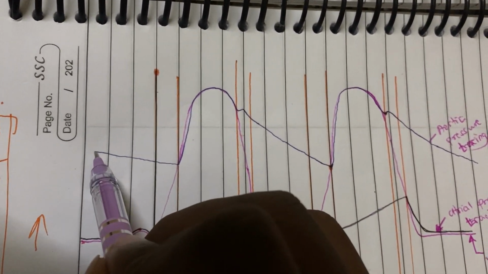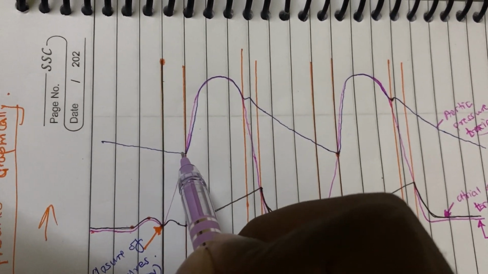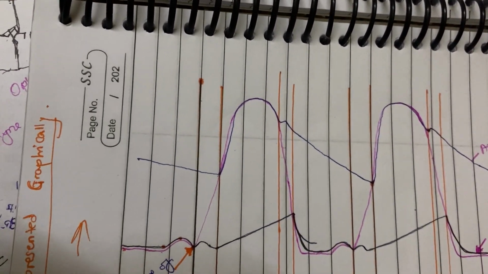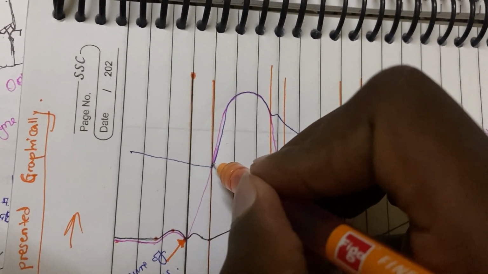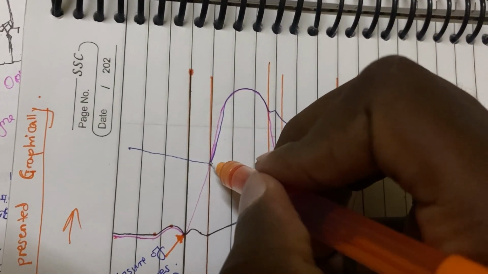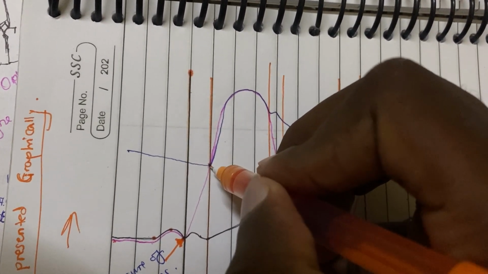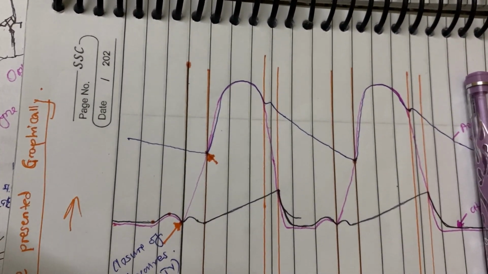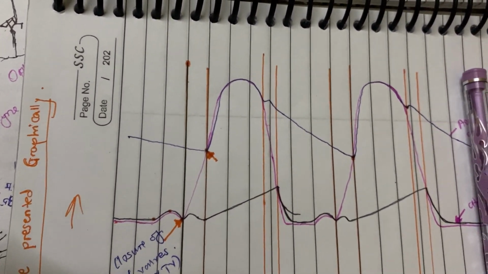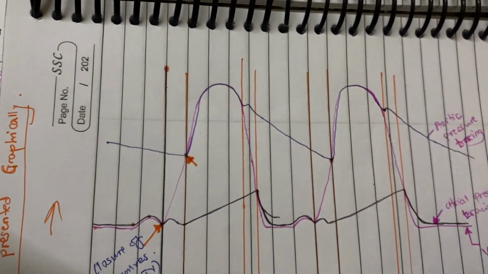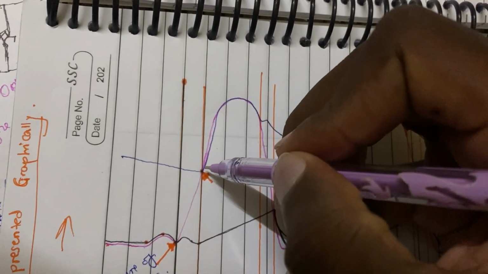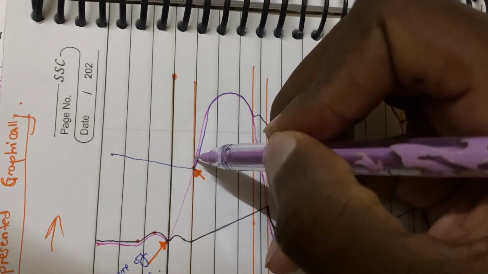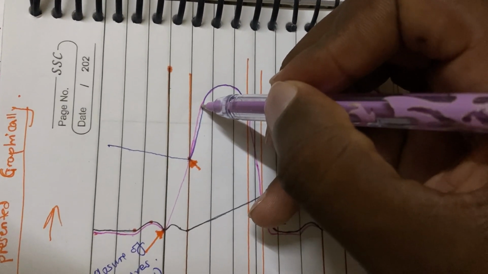From here, we have the aortic waveform. At this point, the ventricular pressure tracing will meet the aortic pressure tracing. That point has a name, or something happens here. When they meet, you see the pressure in the ventricle is slightly more than that in the aorta.